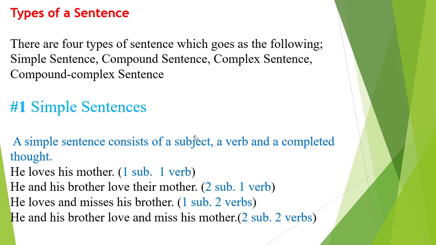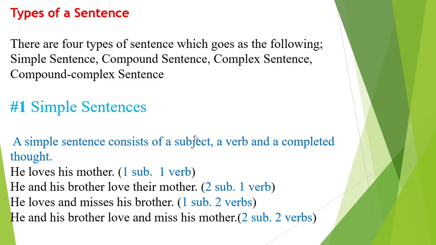He loves his mother. How many subjects? 1 subject, 1 verb, and 1 object. He and his sister love their mother. 2 subjects here, 1 verb. Again, this is a simple sentence. He loves and misses his brother. 1 subject, 2 verbs, loves and misses.